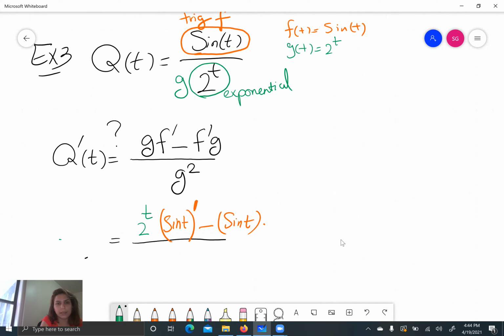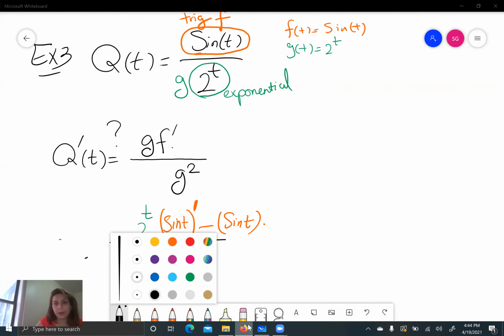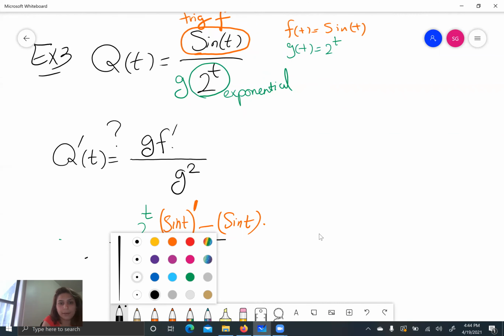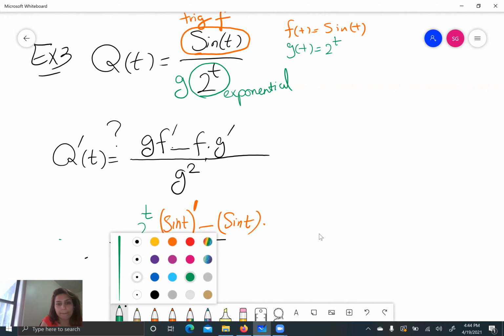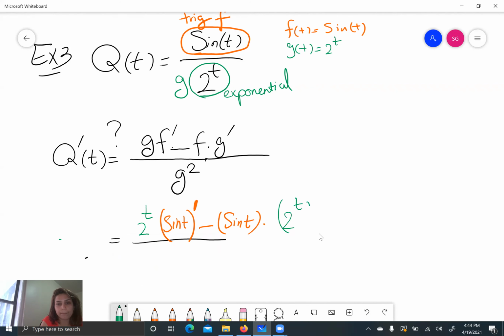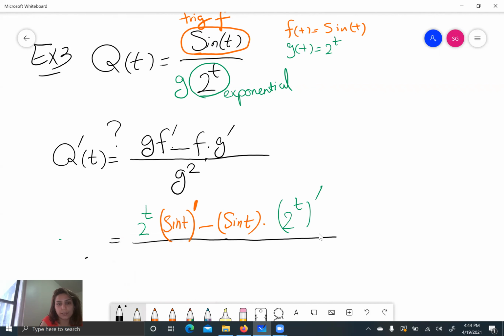Oh, I'm sorry, I didn't copy this correctly. This must be g times f prime minus f times g prime, divided by g squared. g is 2^t, squared.